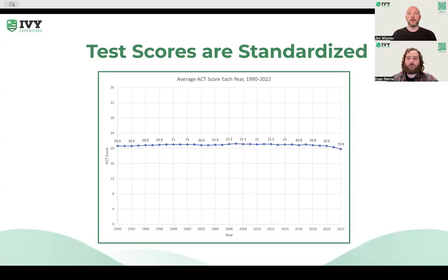Now, when we compare that grade inflation graph with average ACT scores over the past 30 or so years, we can see that test scores are standardized year over year. And they tell you the same thing from one year to the next because they're normalized to a population.